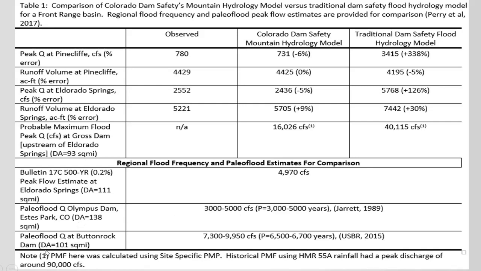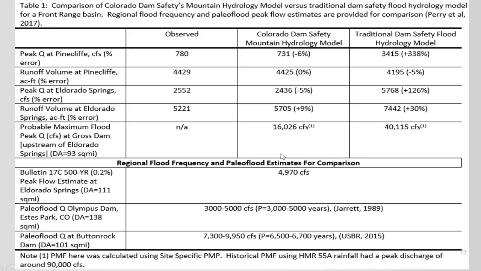Likewise, the reclamation had done a recent paleo flood study at Button Rock Dam, a somewhat larger drainage area than Gross Dam, but they had a paleo peak flood estimate of about 7,300 to about 10,000 CFS over 6,500-ish years, and our proof of concept model with site-specific PMP rainfall PMF is still 1.5 to over 2 times that paleo flood estimate.